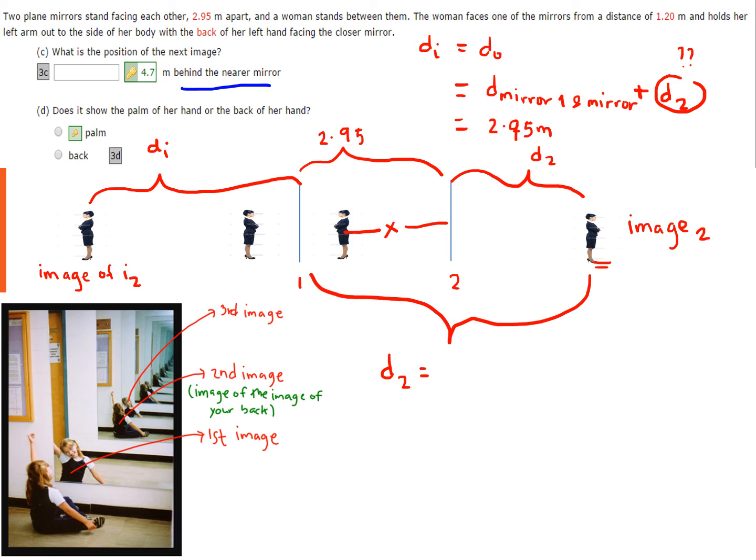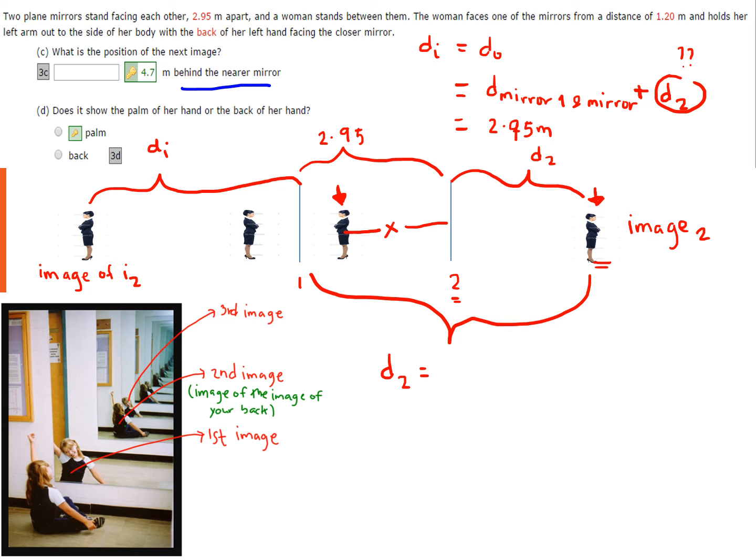Remember, it is still based on the fact that the distance of the image should be equal to the distance of the object, which is this, so it should be equal to the distance of the image from mirror 2. How do we solve for x then?